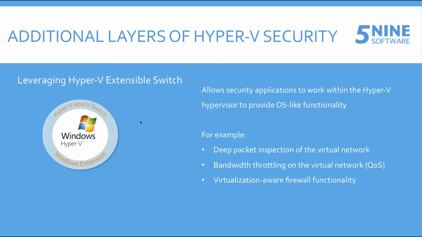And as I talked about, when you move from physical servers to the virtual network, you, in many cases, create that blind spot where traditional physical network security tools aren't able to see anymore. So by leveraging the HyperV Extensible switch, your security tools will have full access to provide all of these services. So make sure whatever tool you choose that it leverages the Extensible switch.